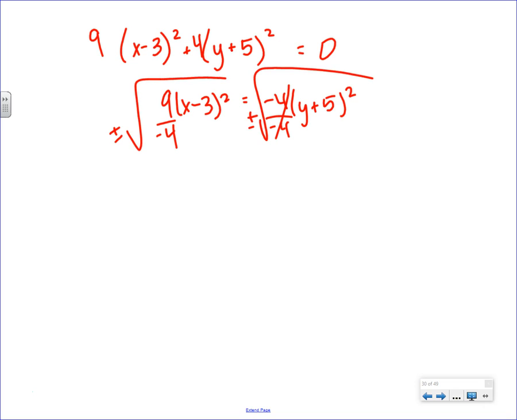They both have squares. Let's just square root them both. But wait, what do you see when I try to square root? It's imaginary. So is this a real shape? Well, kind of like that. So you have to say imaginary, right?